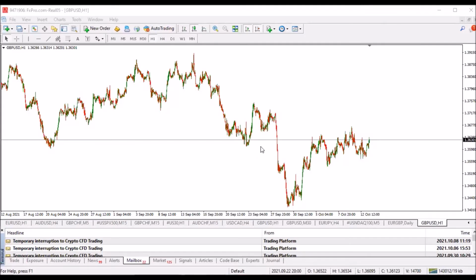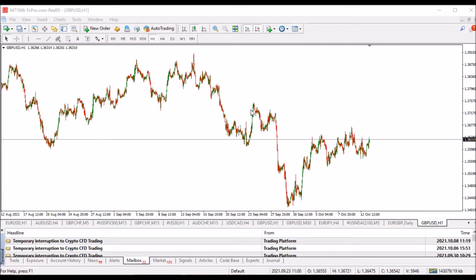Okay guys, so what you do is open your GBPUSD on H1. That's what we're going to focus on. What you basically do with GBPUSD is simple: you just look at where it's going. It's a pair that, if it goes in one direction, goes for quite a bit.